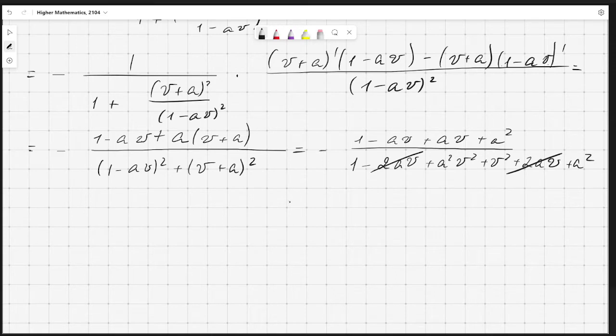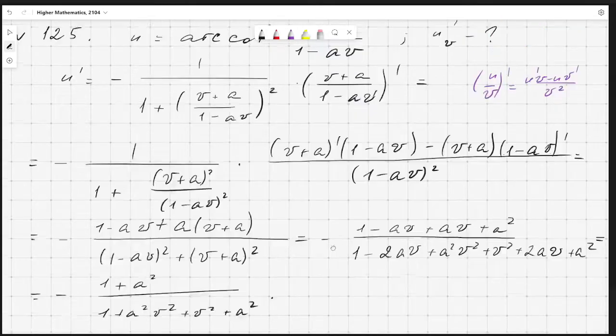We can delete minus 2av plus 2av and this minus av plus av. And rewrite this as 1 plus a squared times v squared plus v squared plus a squared. Oh, this is answer, not question.